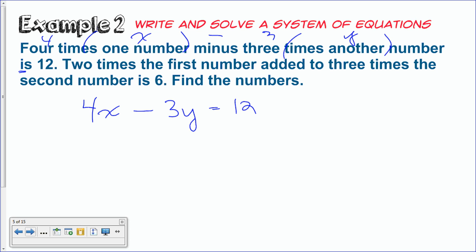All right, then my second one is going to be what? That was the first number, right? Plus 3y. Opposites? Yeah, 3y plus 3y.